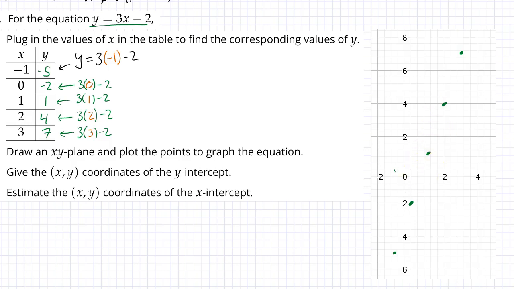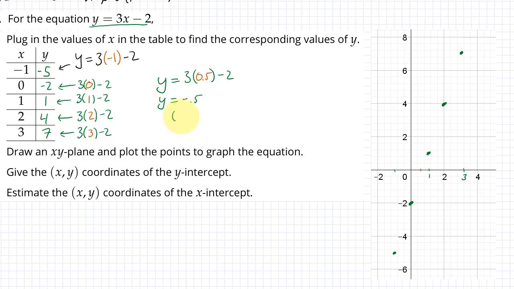For example, if x was like 0.5, let's see what happens if we plug in. y equals 3 times 0.5, which you know is right here between 0 and 1. We got that -2, so that will end up giving you y equals -0.5.